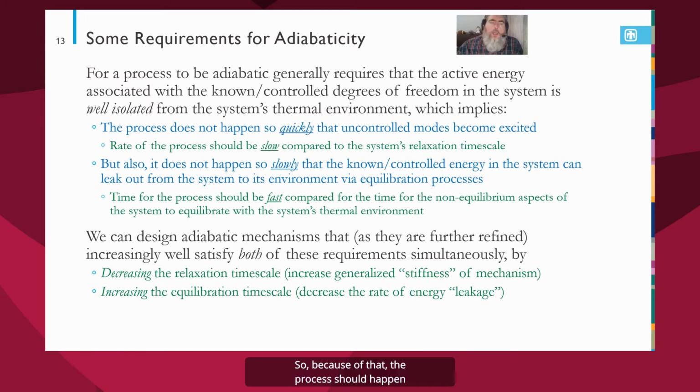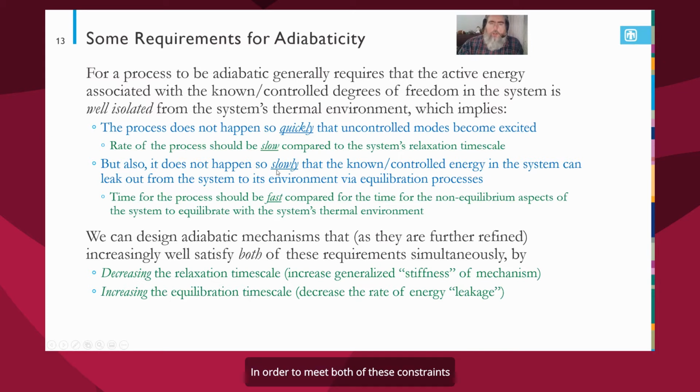So because of that, the process should happen slower than the natural relaxation timescale of the system, but it also should not happen too slowly, because there are also generally equilibration processes that can occur where the active energy in the system leaks out to the environment and becomes dissipated as heat, and so you want the transition to happen quickly compared to that time scale.